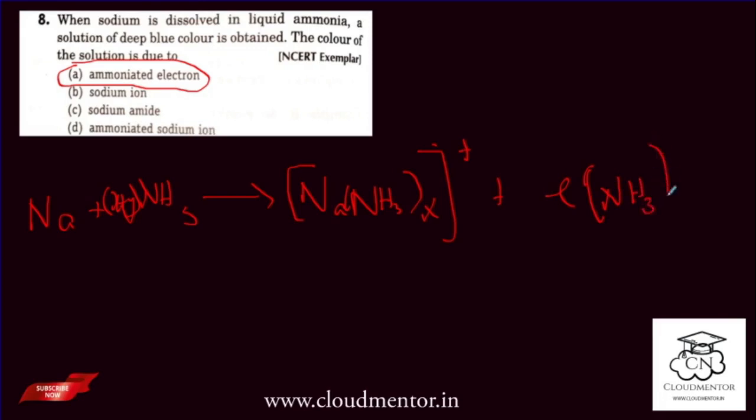So this is a solvated or ammoniated electron. So that's it. Option A is the right answer.